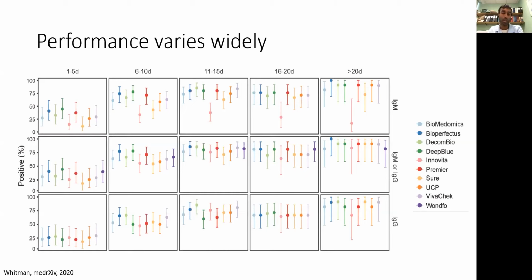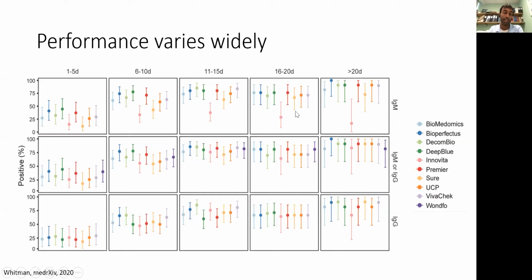This is looking at only the lateral flow assays, and the rows here correspond to whether the assay is an IgM assay, the combined performance of IgM or IgG, and the IgG specific performance. The y-axis is the rate of positive samples, and the columns correspond to days of onset from symptoms.